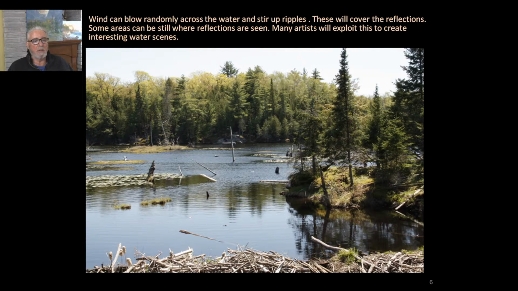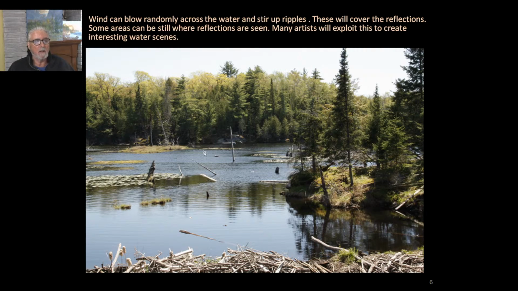Another good possibility would be the mixture of both. In this case, we have wind can blow randomly across the water and stir up ripples. These will cover the reflections. Some areas can be still where reflections are seen. Many artists will exploit this to create interesting water scenes.